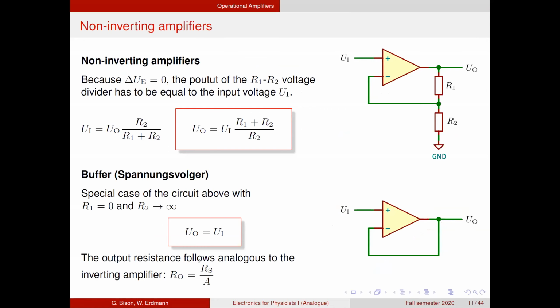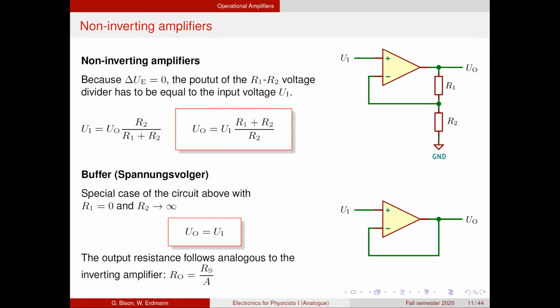It's like if you have a bank manager that always makes sure that 10% of your salary is equal to my salary, then you get 10 times more money than me all the time. And this is exactly what happens here. By taking 10% of the output voltage and making sure that whatever comes out is equal to the input voltage, we amplify the output voltage by a factor 10.